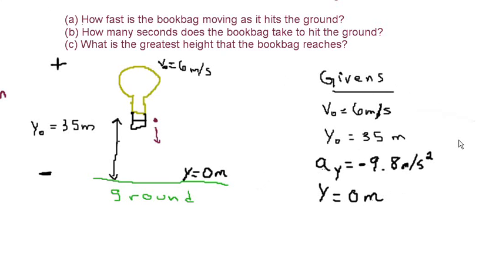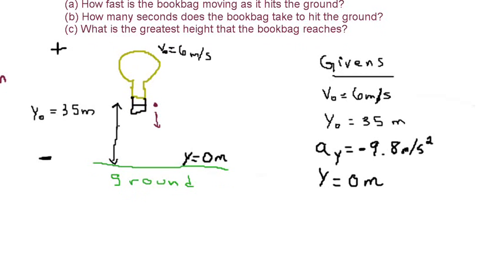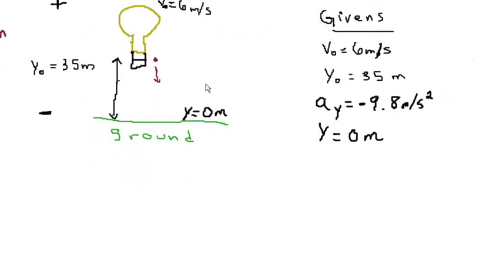Okay, so now we have all these givens, and now we can actually use one of the kinematic equations because the problem is starting to look a little bit better. So which kinematic equation can we use? Okay, I'll tell you. The one that we can use right away is this one.